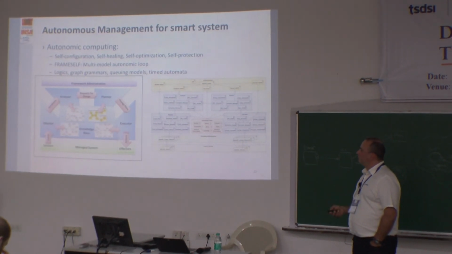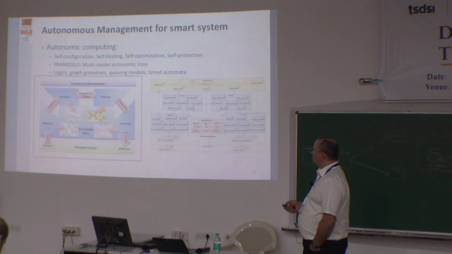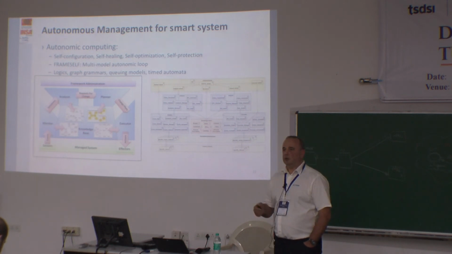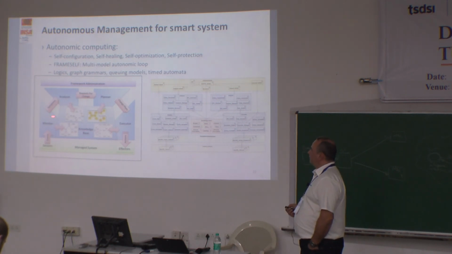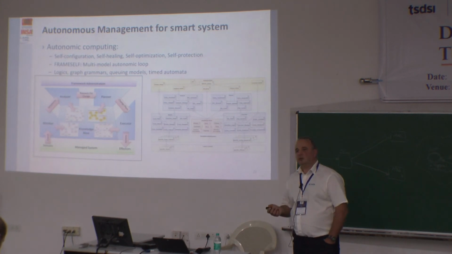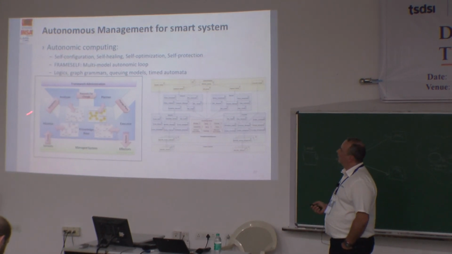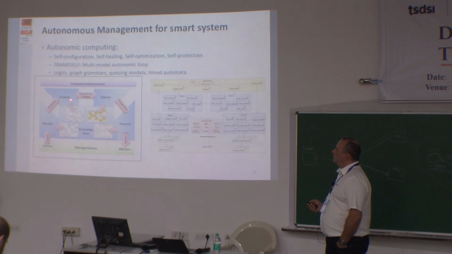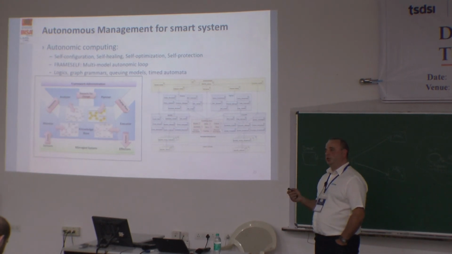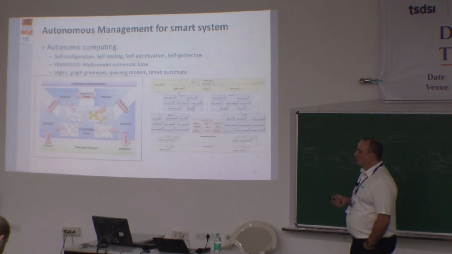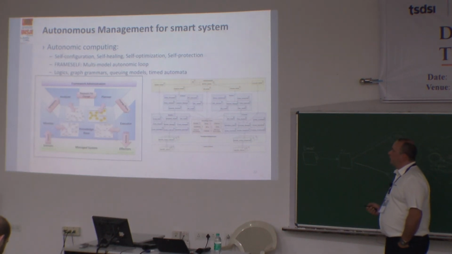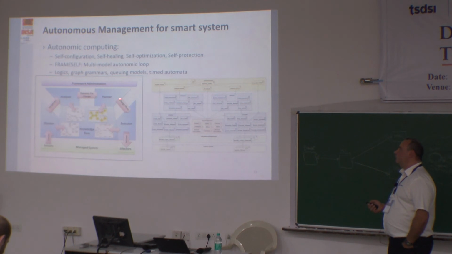So for example, if the temperature of the room is 10 degrees and there are some people inside the room, we create a symptom to say, well, the temperature is low. Then we analyze this information and using models, we make a request for change to say, well, we need to raise the temperature of this room now. So we send this information to a planner.